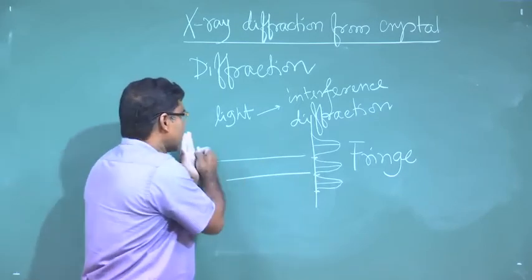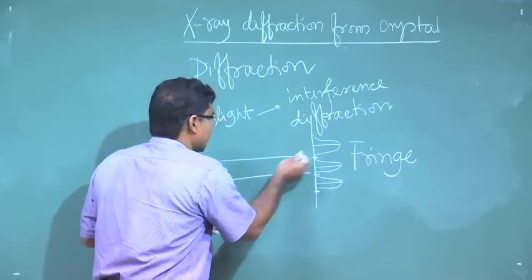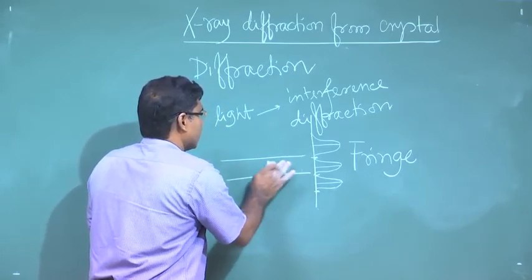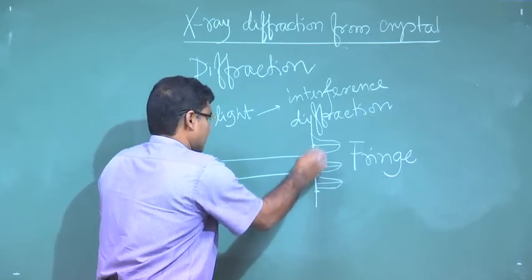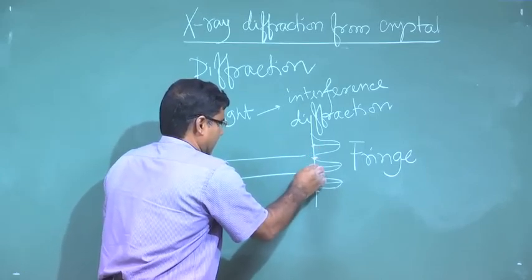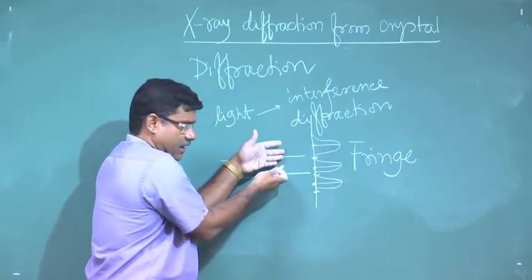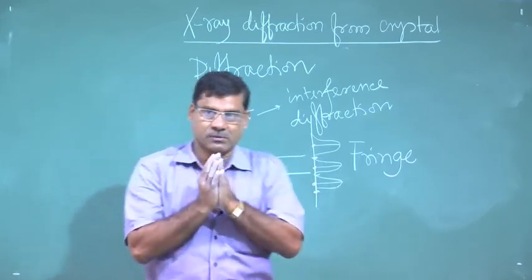Because this light is coming from the source, and they interfere, depending on the position there will be a path difference between these two waves.